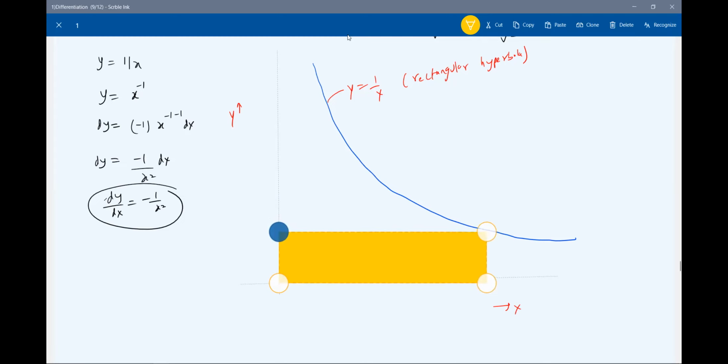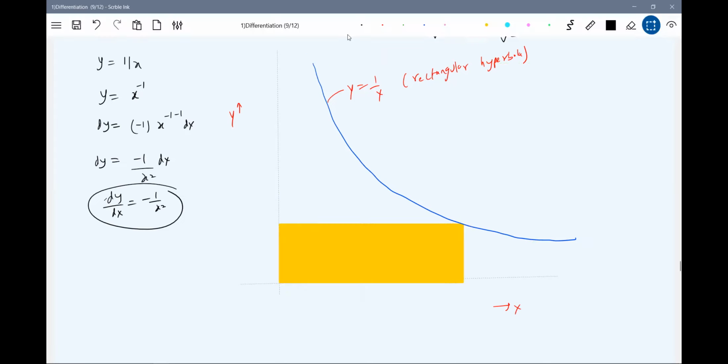And look at this particular corner. This particular corner will, all the time, be grazing this curve. I'm using the word grazing. Then this will become the height of this rectangle. This will become the breadth of this rectangle.